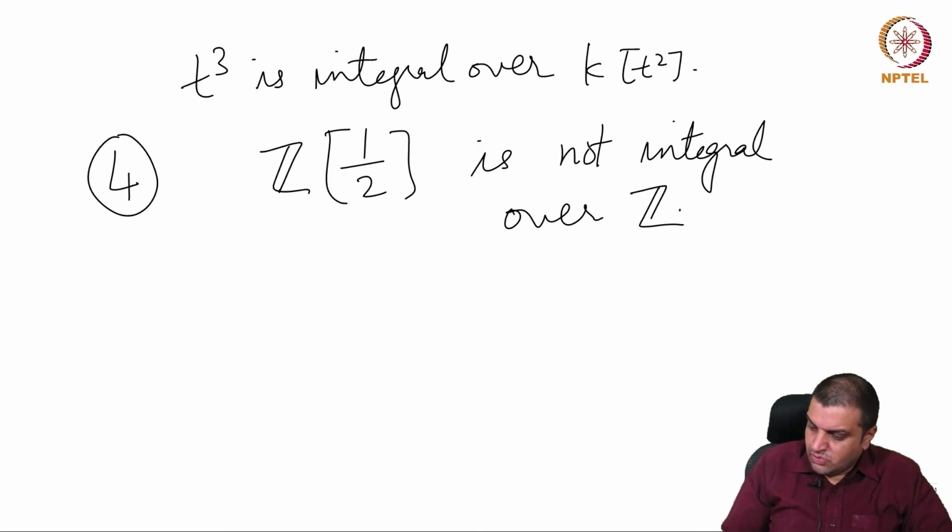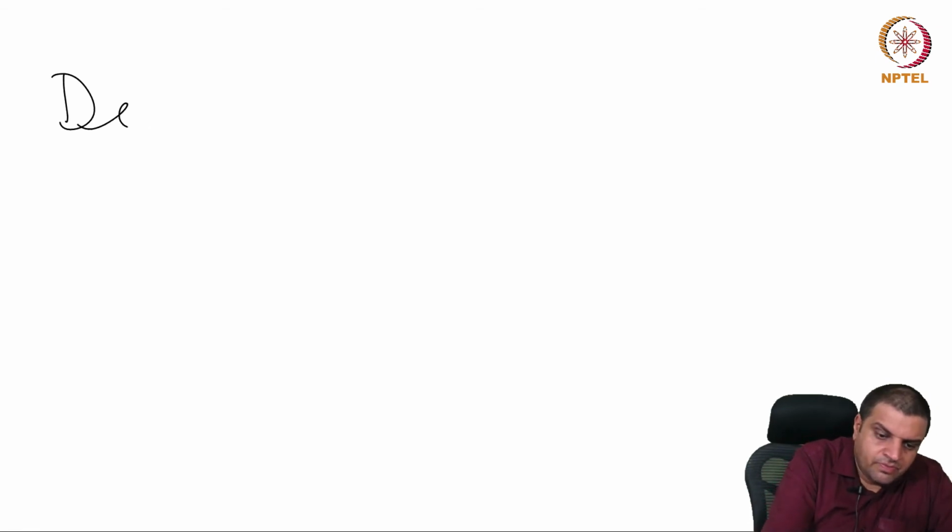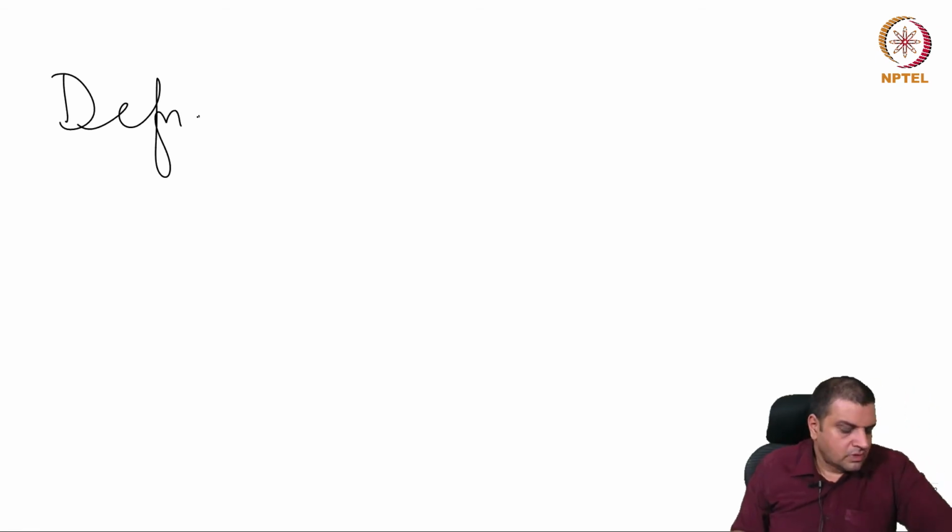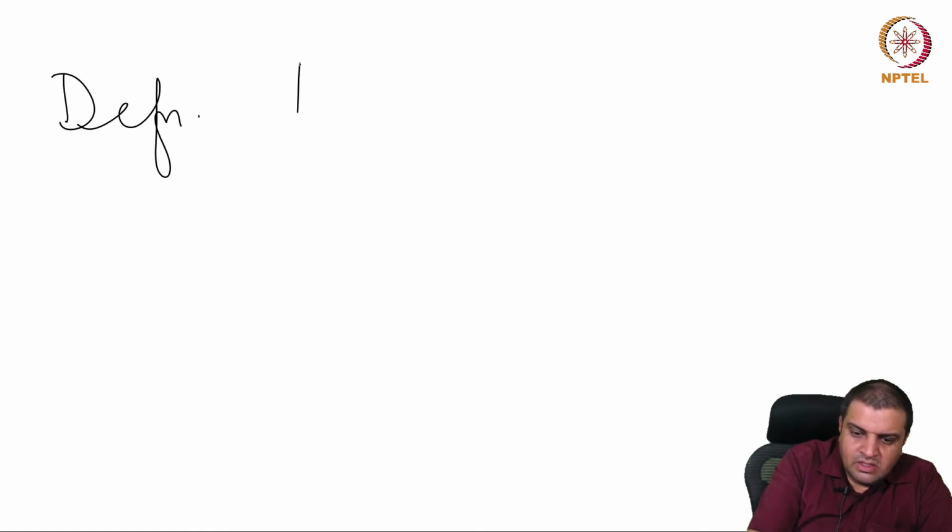Okay, so we would like to understand integral extensions. So definition. R to S ring map.